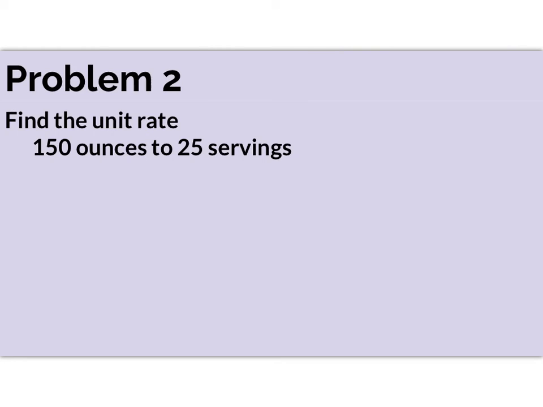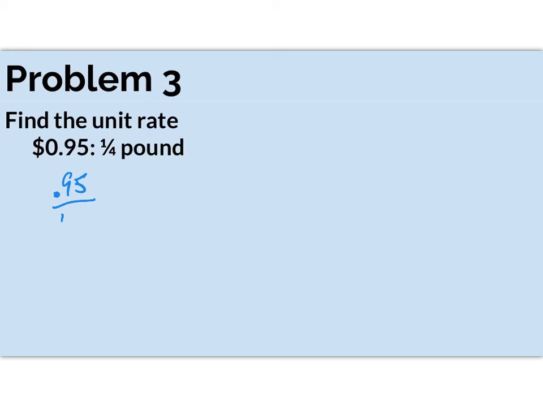And then 150 ounces, 25 servings, 150 over 25. You divide that out. 6 quarters is $1.50, so it's 6 ounces per 1 serving. And 95 cents to 1/4 pound. This is a little tricky stuff with fractions here.